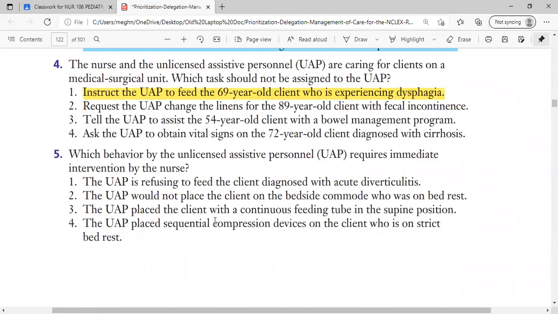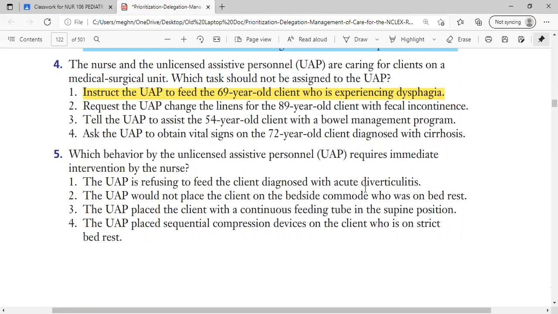Next question. Which behavior by the UAP requires immediate intervention by the nurse? So out of 4 options, what is the answer? Right? Number 1, the UAP is refusing to feed the client diagnosed with acute diverticulitis.